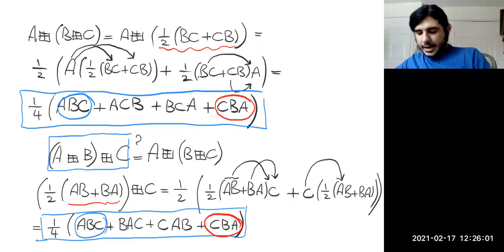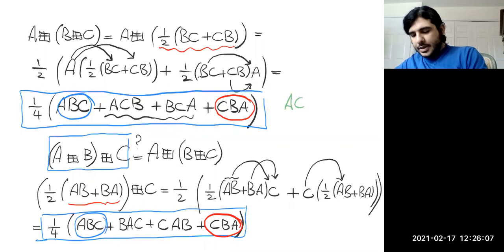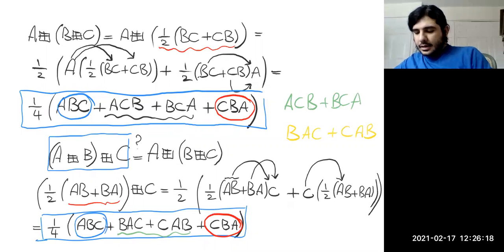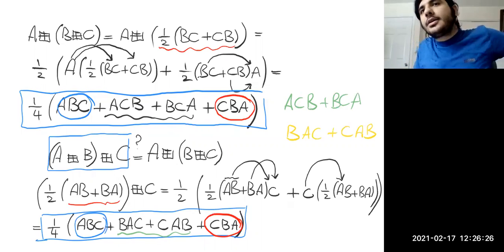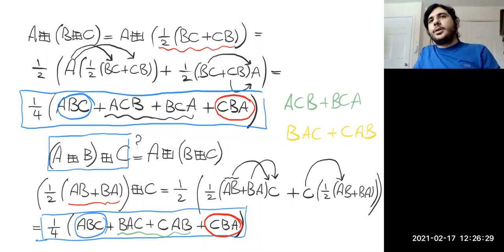But if you look at the rest, we end up with ACB plus BCA, but down here we have BAC plus CAB. Are these two things equal or not? If they're equal, we would have the equality. If they are not equal, we don't get associativity.